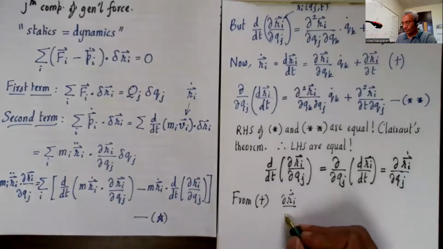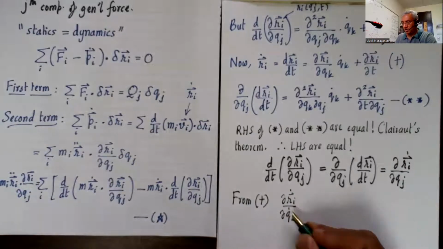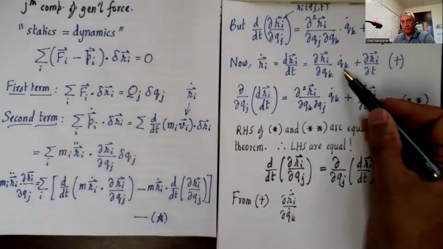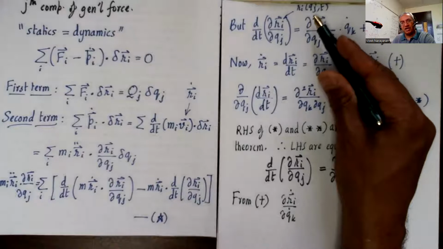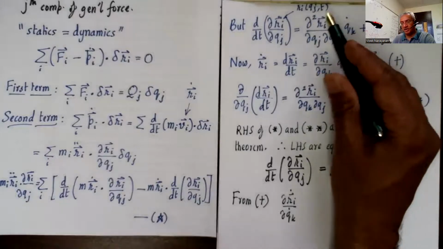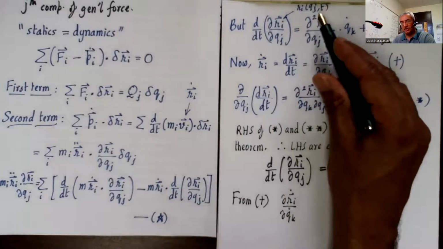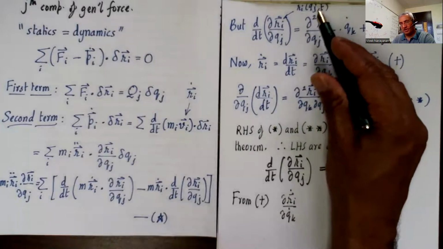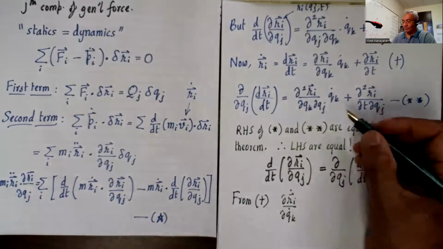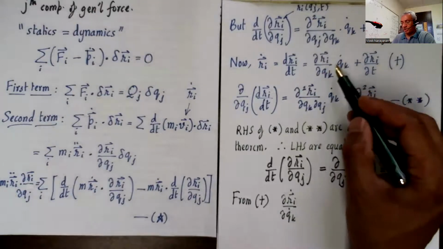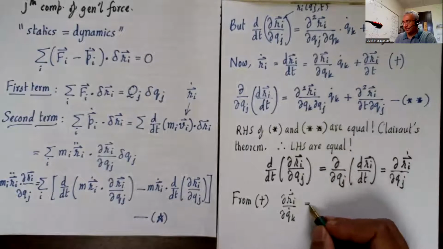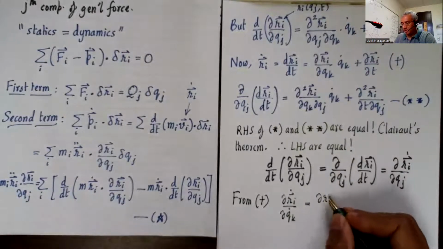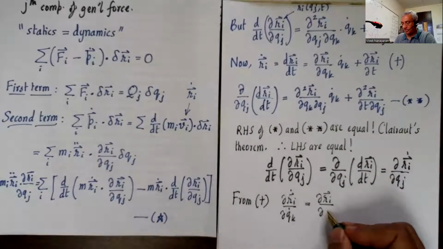Well, there's only one term with Qk dot, and that is here. Qk dot will not appear elsewhere in Ri because Ri is a function of only the generalized coordinates and time. Ri is not a function of the generalized velocities. This is where we make the assumption that the constraints are holonomic. If you have only holonomic constraints, the only term with generalized velocities is this term. So this gives me del Ri over del Qk.